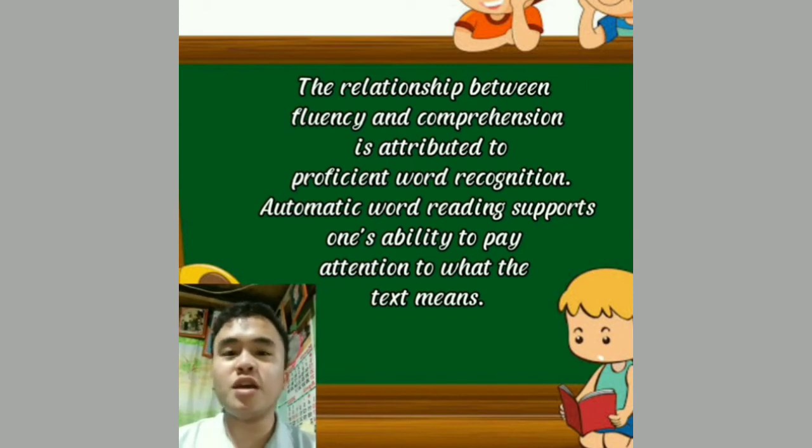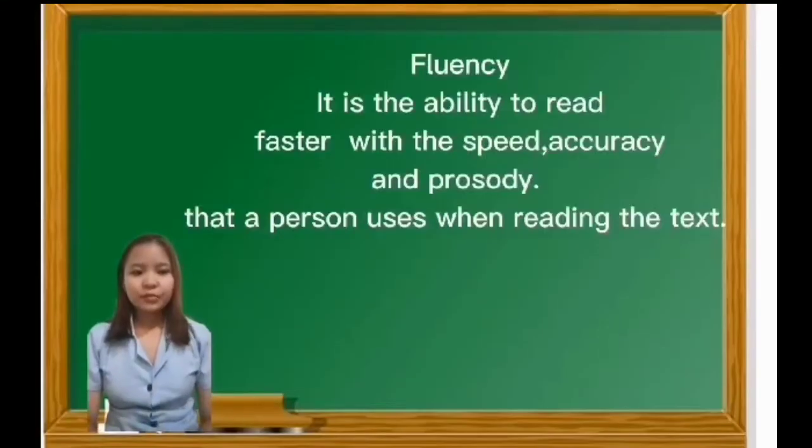So fluency is a bridge to reading comprehension, because through fluency you have the accuracy to read fast and to understand the text that you have read. So we must go first to fluency before reading comprehension. So that's all.